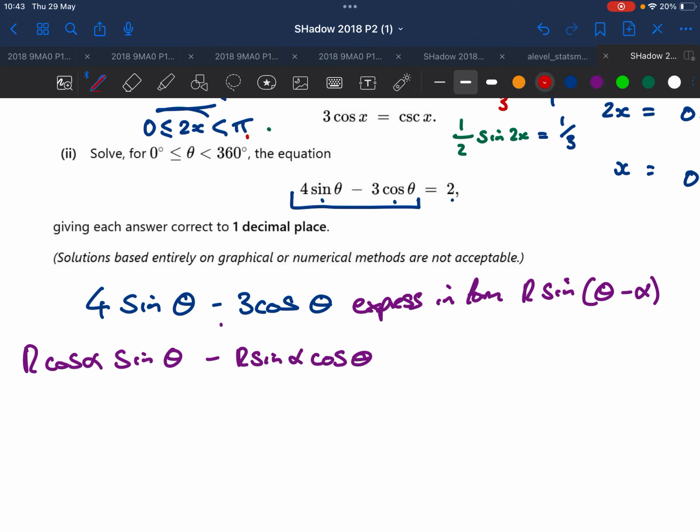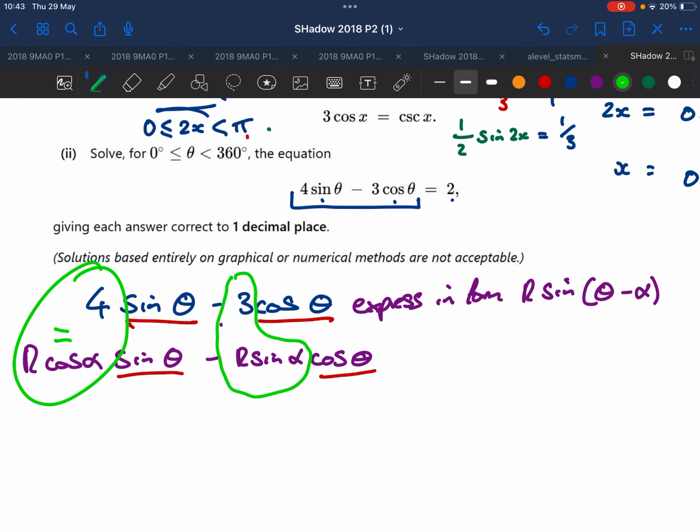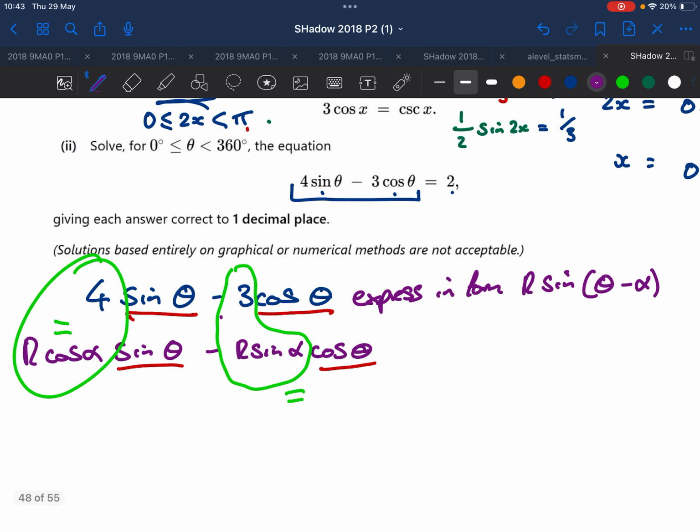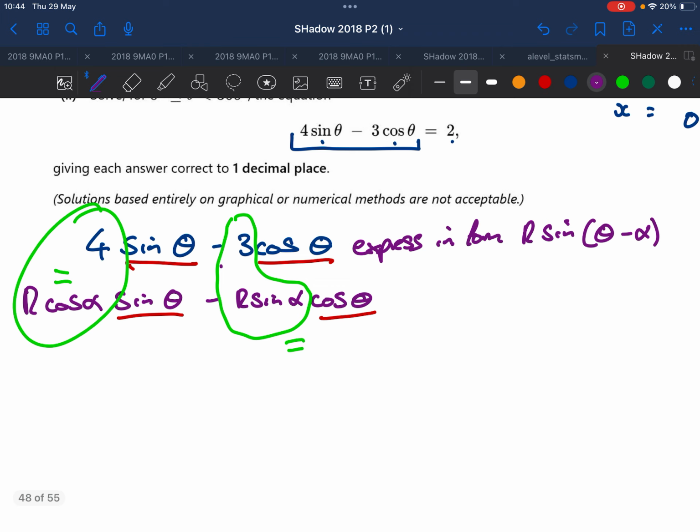Well, hopefully now you can see that these bits line up, these bits line up, so we're getting some equations from this. These bits must be equal, and those bits must be equal. Notice the signs match up, so you don't need to complicate anything on that front. Okay, so let's write some equations.